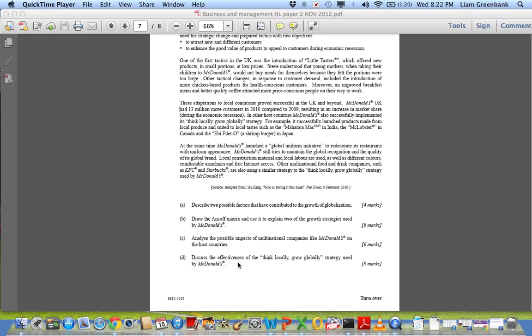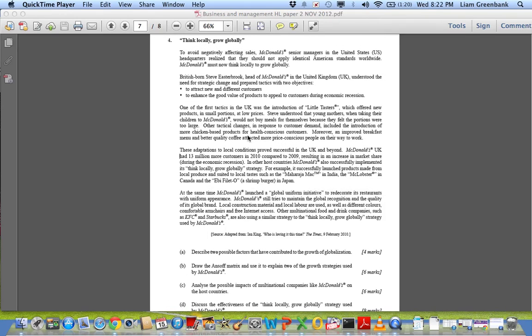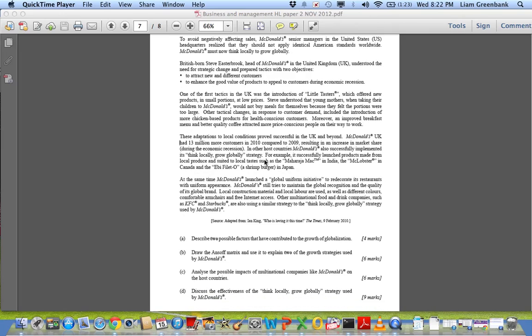And then D, discuss the effectiveness of Think Locally, Grow Globally used by McDonald's. Well, we've got arguments to say it's been successful, because we use the evidence from the case. They've got 13 million more customers. And then we need to build arguments to say, well, maybe it's not that effective, maybe it's not that successful.